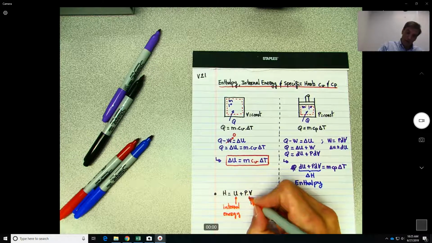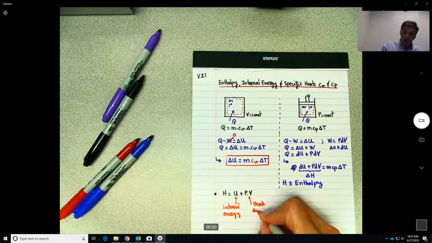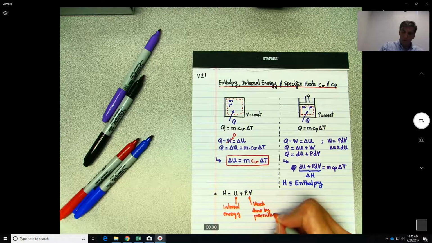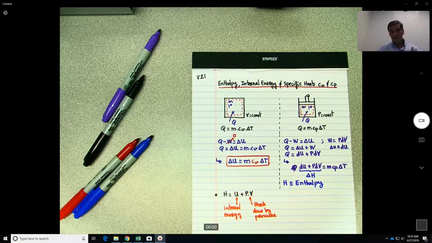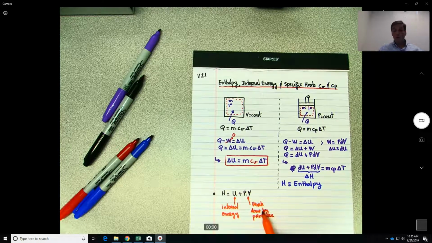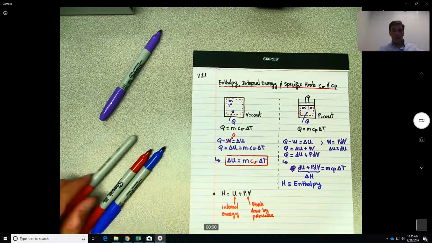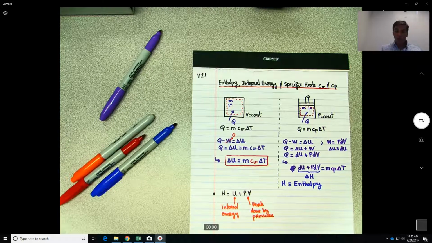And this term here will be the work done by pressure. And okay, work done by a constant pressure will be the more accurate definition. And let's see why.